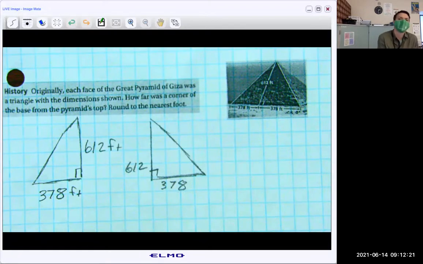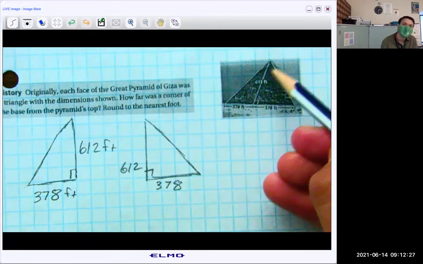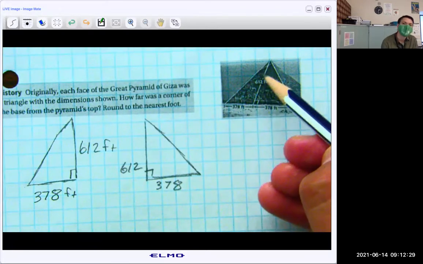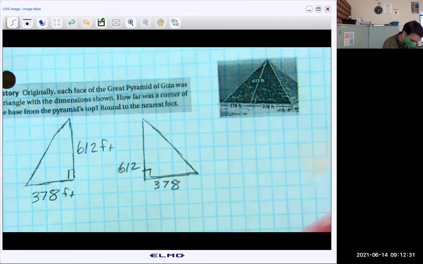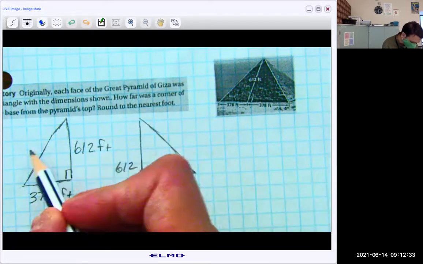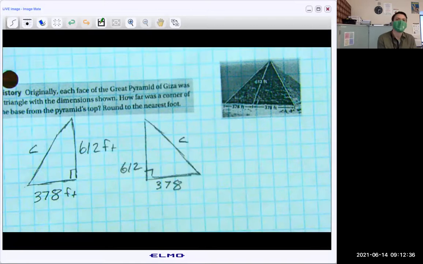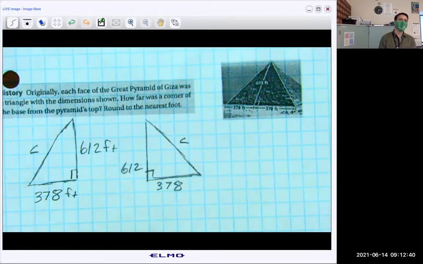It says, how far was the corner of the base from the pyramid's top? So what they're asking about is this side here. How far away is that? So we could just call that our C, right? It's the opposite of the 90-degree angle, so it's going to be your longest side.